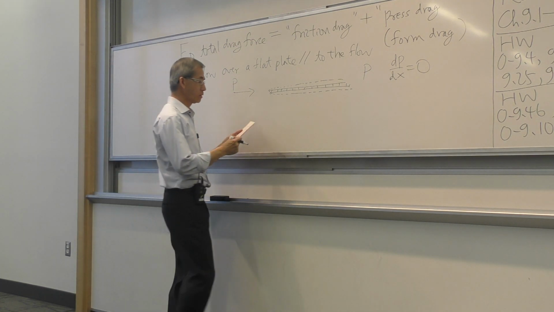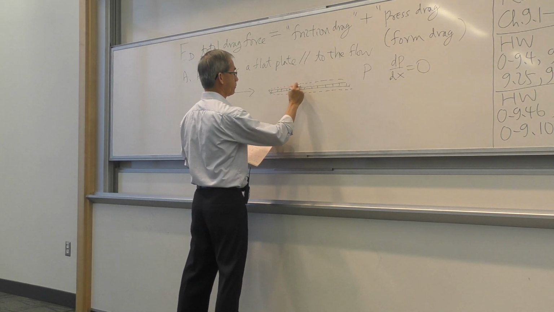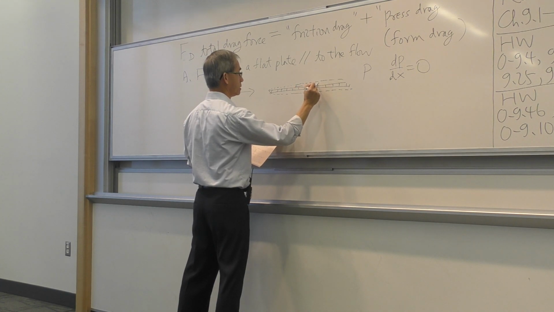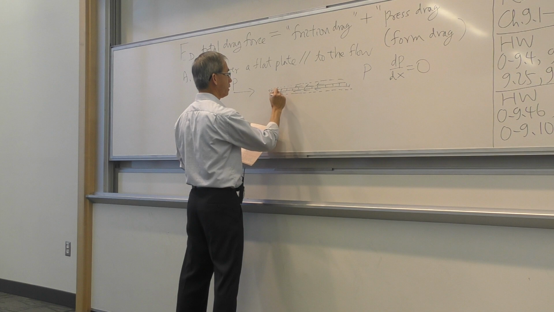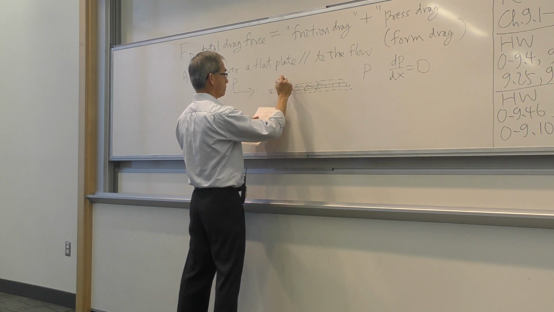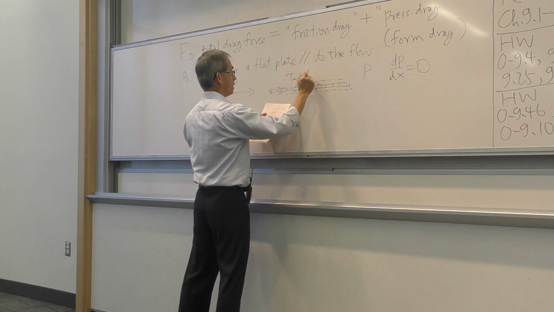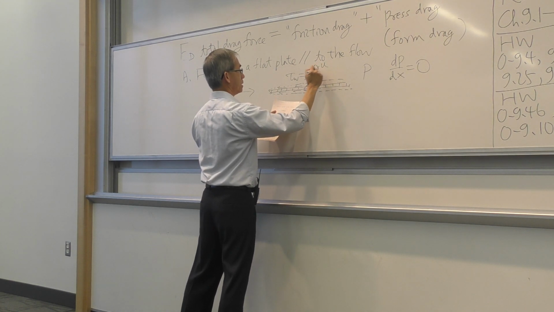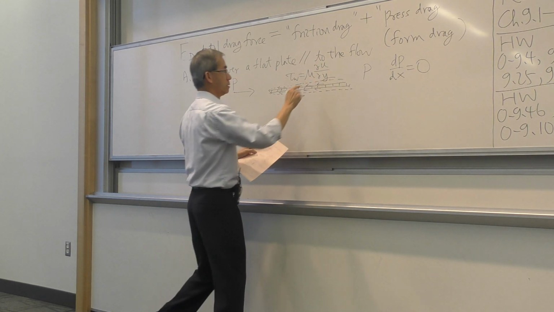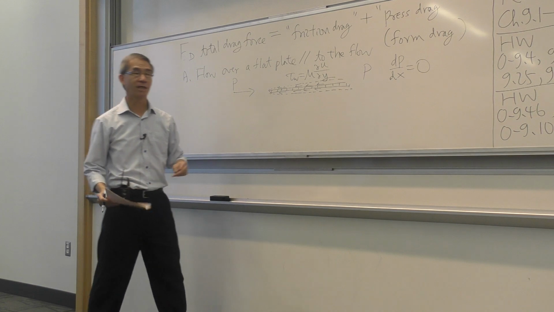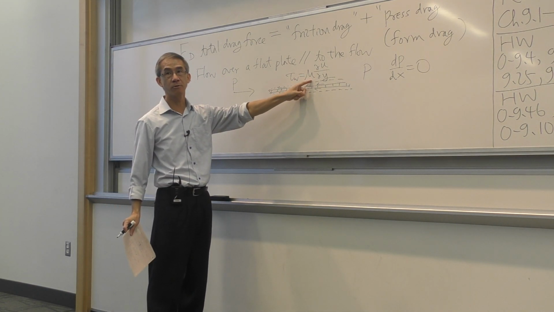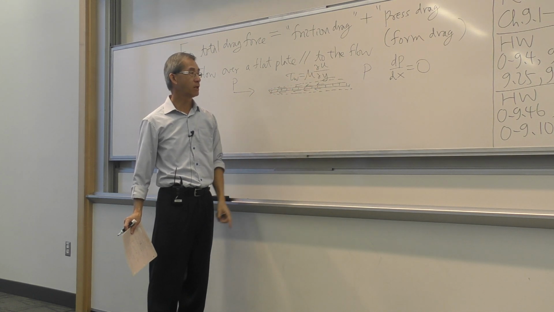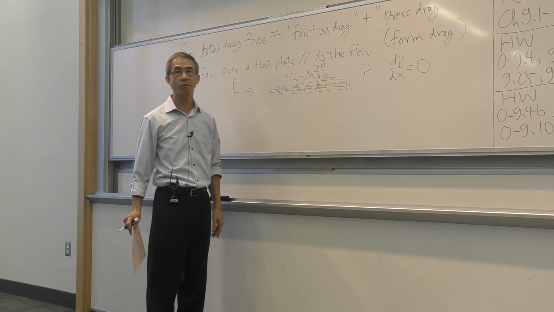And as a result of that, we have shear stress, both upper and lower plate along the whole length of the plate. And that shear stress, to be more scientific and more correct, is no longer mu times V divided by H, like the simple linear profile I showed you.